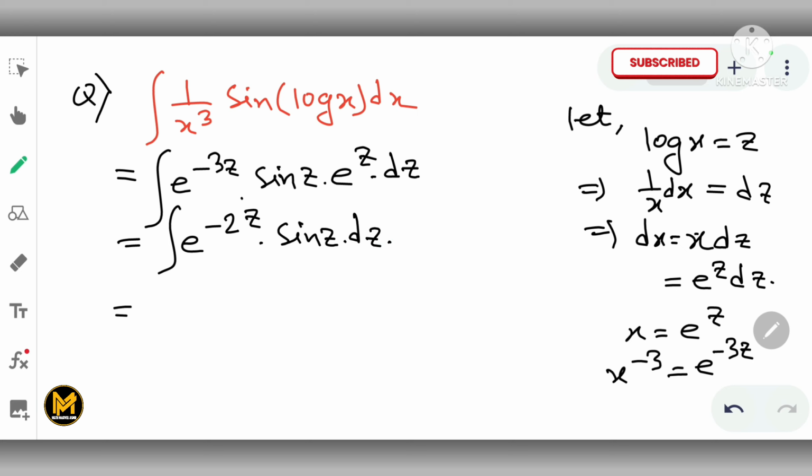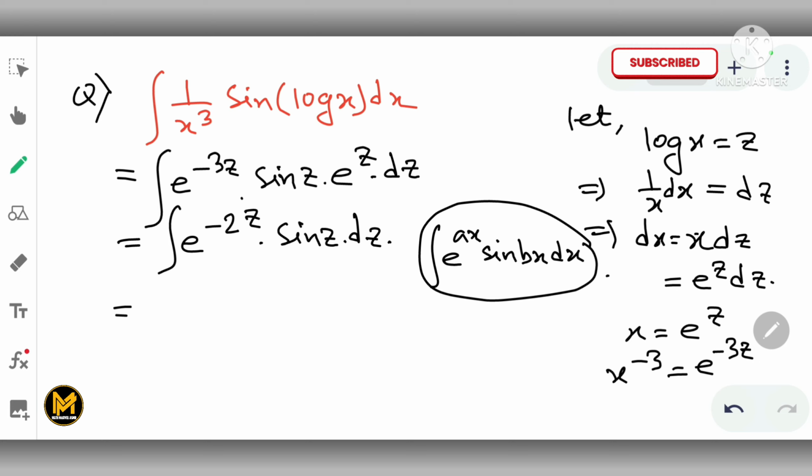Now just compare this with the previous standard formula, which is e to the power ax into sine bx dx. So here a is minus 2 and b is 1.